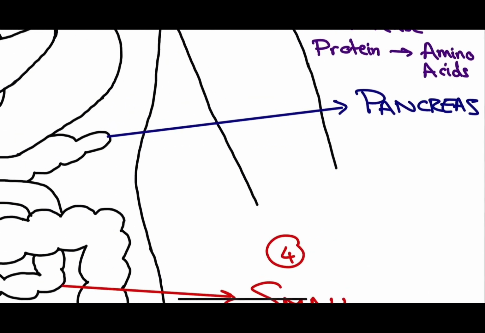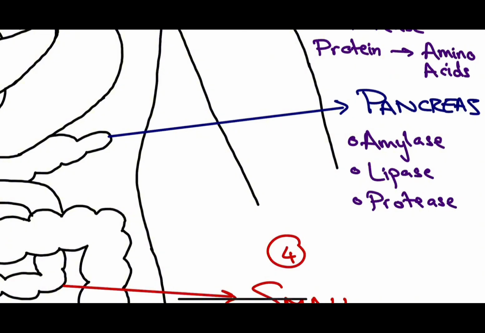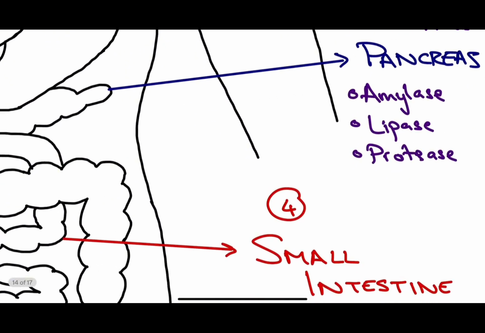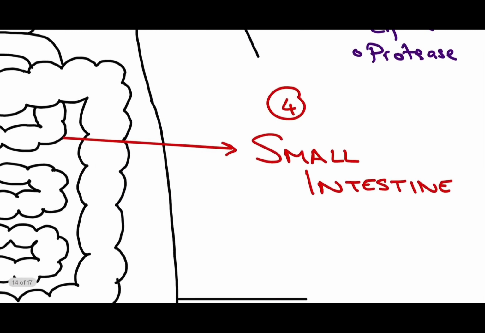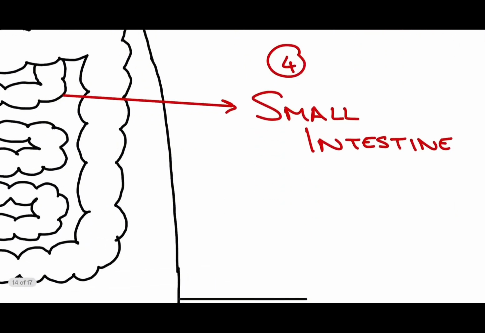The pancreas releases all three enzymes: it releases amylase, lipase, and protease into the small intestine. So they can break down your starch, your lipids, and proteins into smaller, more soluble molecules for absorption. So further breaking down of molecules happens in the small intestine.